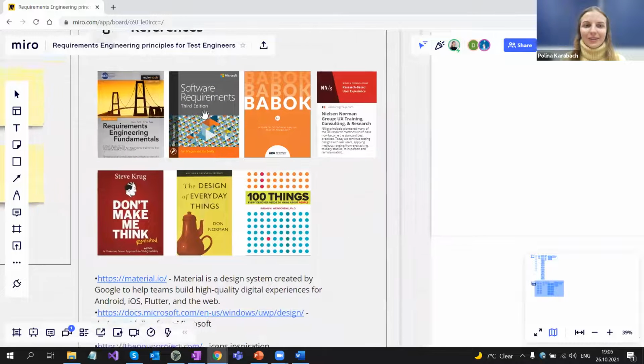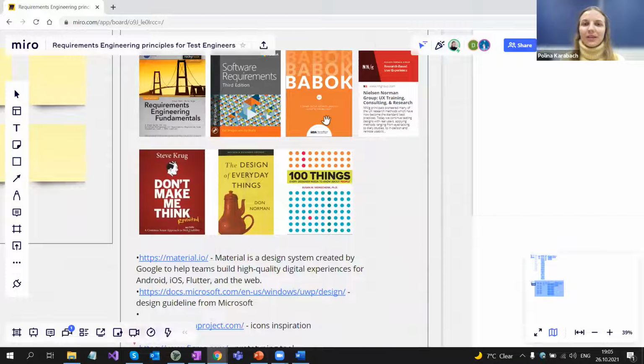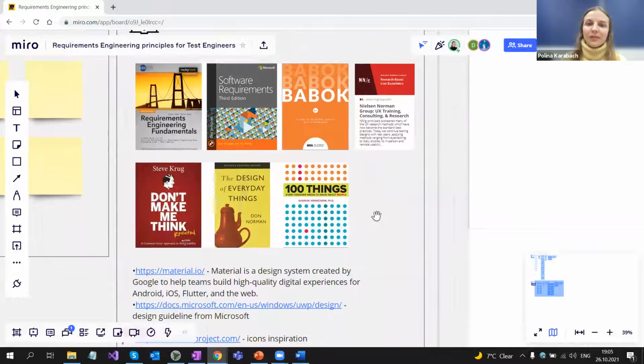And so I was also referring to the references. So besides the 3 books I was sharing yesterday, there are a couple of other books and resources for the usability and user interface design. This is not a must-have, let's say, part of the requirements engineering, but it's a very nice addition to have this knowledge and the basic understanding while successfully analyzing requirements.